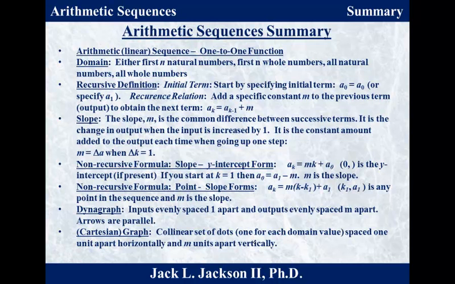In a regular Cartesian graph, we have a collinear set of dots, so the dots are all in a straight line. We get one for each domain value, and they're spaced 1 unit apart horizontally, but m units apart vertically. So you go to the right one, you go up m units. Of course, if m is positive, you're going up. If m is negative, you're going down by the absolute value of m.